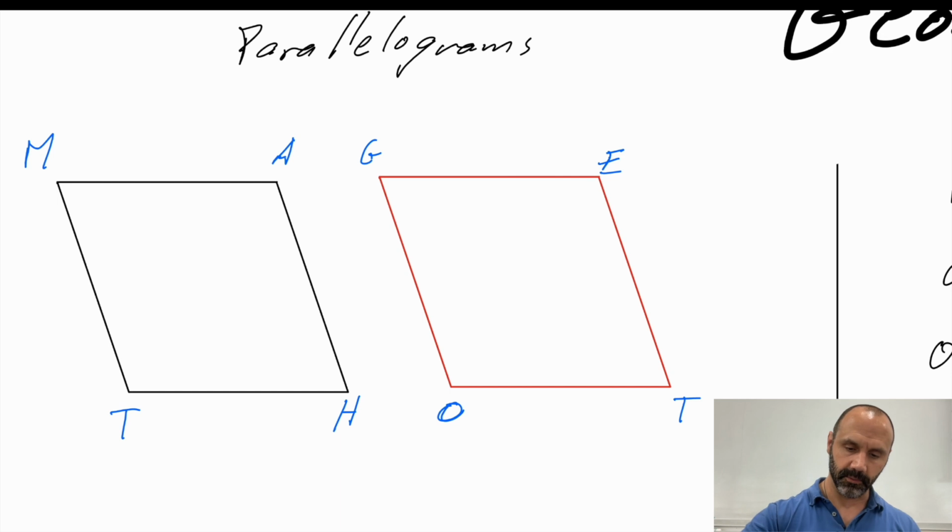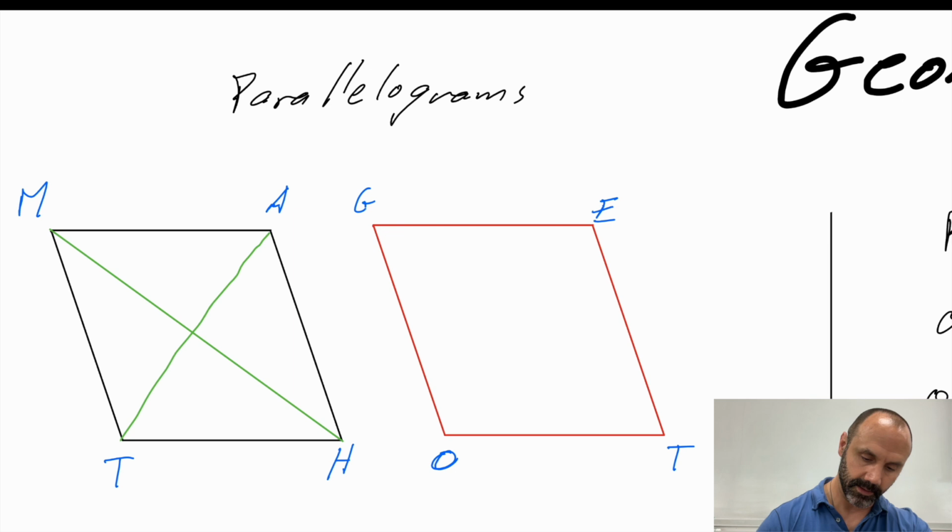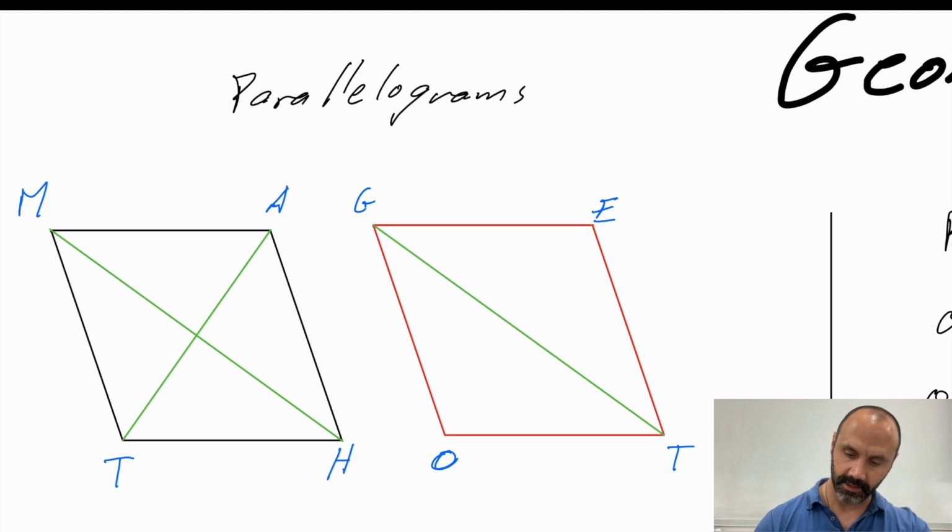Right, and so we can show that by drawing some bisectors. So if I draw a diagonal like that and a diagonal like that, and then I'm going to do the same thing on this other one, I'm going to label this middle point B on this one, and I'll label this middle point here C. Now I have to group these things all together just so that I can move them all together.